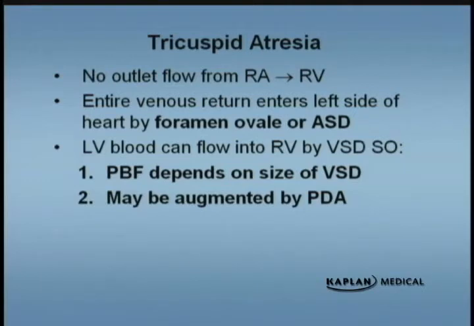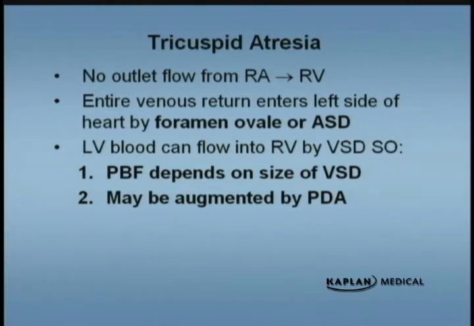So if you have no blood going from the right atrium to the right ventricle, you have to have another connection of some sort, and so many times blood goes to the left side of the heart via a foramen ovale or an atrial septal defect. Then the blood can go out systemically. The pulmonary blood flow will depend on the size of the ventricular septal defect, and a PDA, a patent ductus arteriosus, also helps pulmonary blood flow initially.